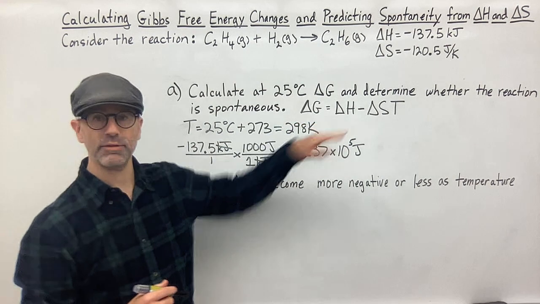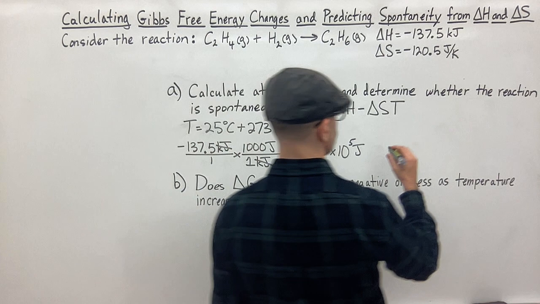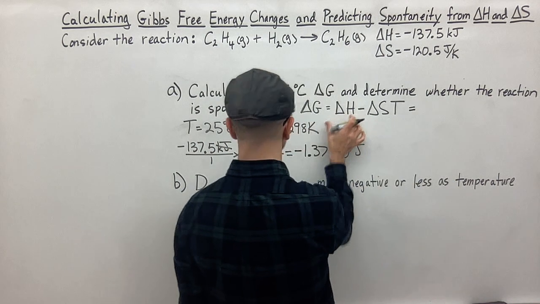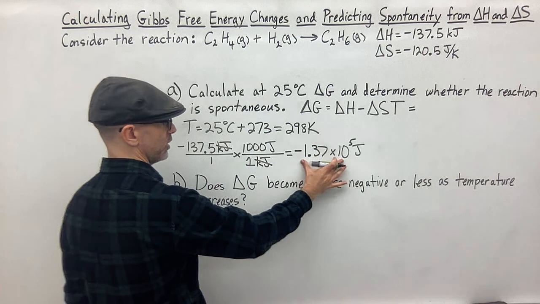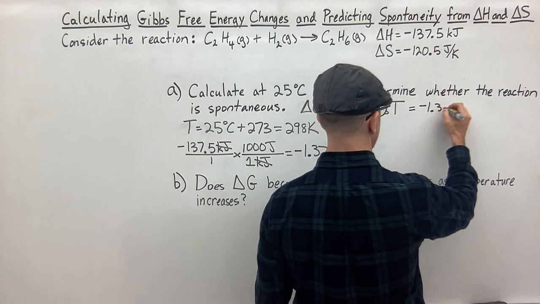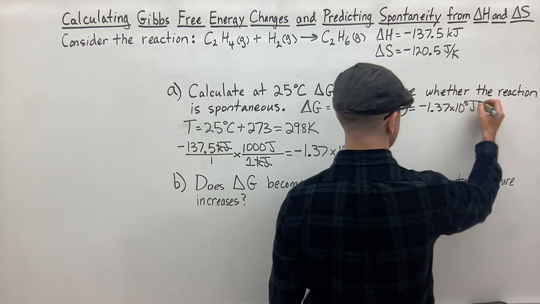So now I can plug everything into my equation and find out what I get for delta G. So then delta G is going to be equal to the delta H, which I just calculated here. So that's going to be a negative 1.37 times 10 to the 5th joules.